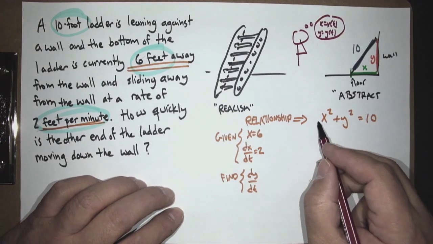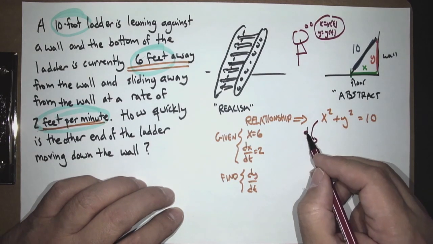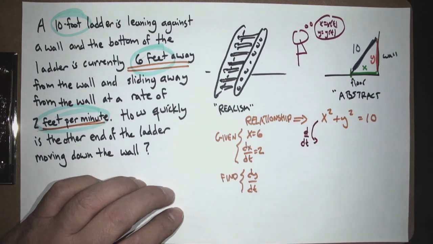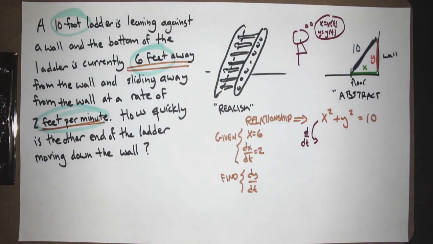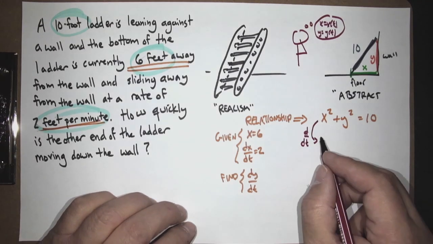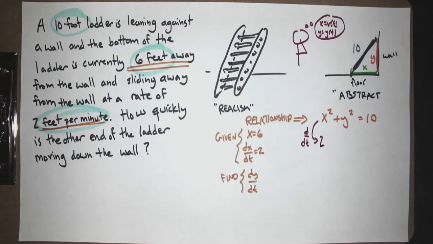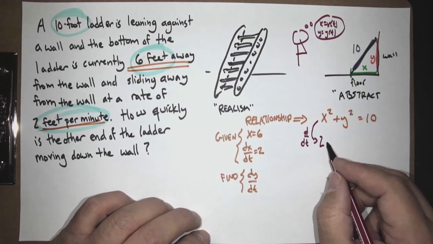Taking the derivative with respect to t, what's the derivative of x squared with respect to t? Someone said 2, okay. I'll write down 2x dx dt.